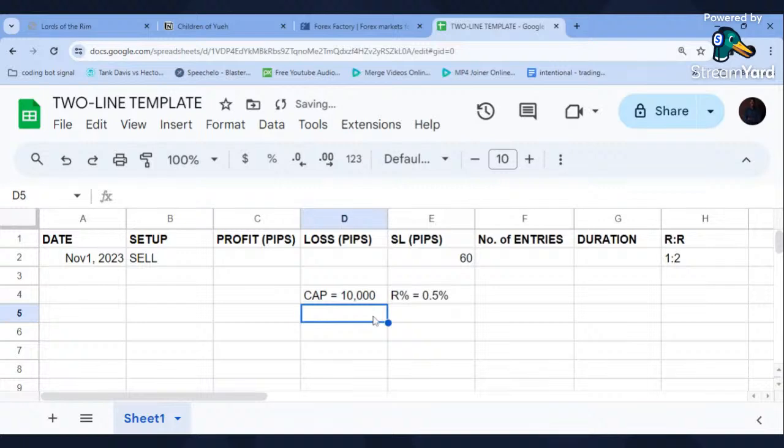Let's do a quick calculation: 0.5 times 10,000 divided by 100 is 50. It means I'm risking $50 for this trade. Remember that your stop loss value is 60 pips, but your risk in dollars is $50.